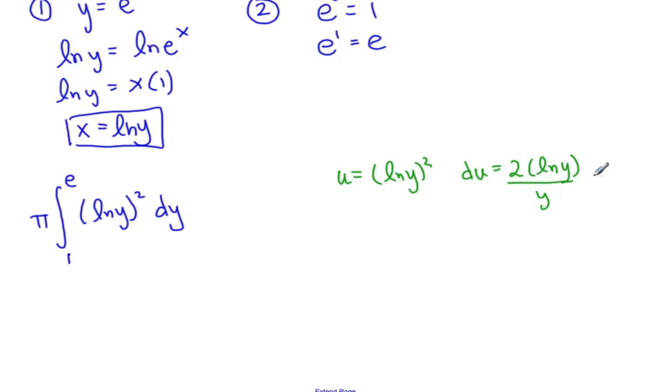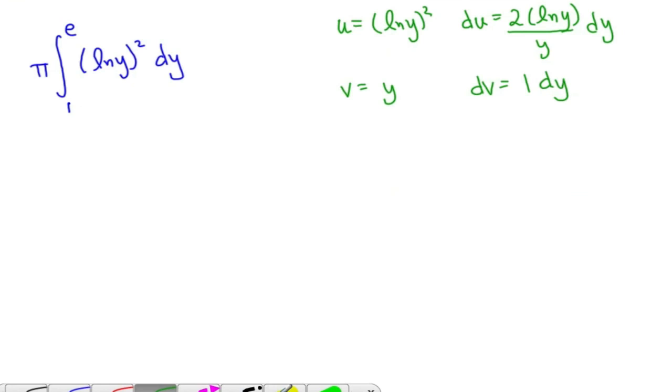So I'll divide by y, and dy. dv will let equal to 1 dy, which means v is equal to y. Now here's our check mark, which tells us the formula. So then we have uv minus the integral of v du.